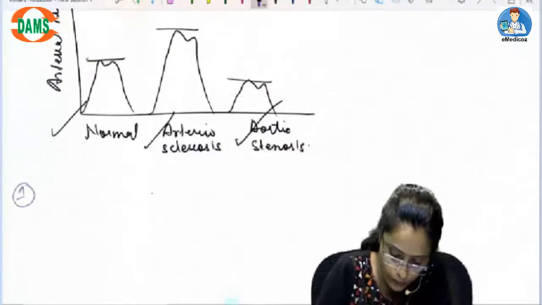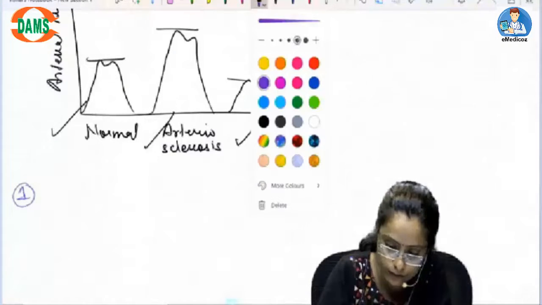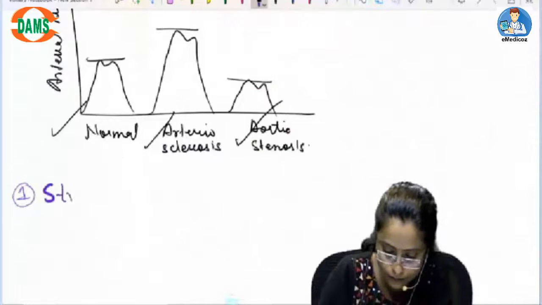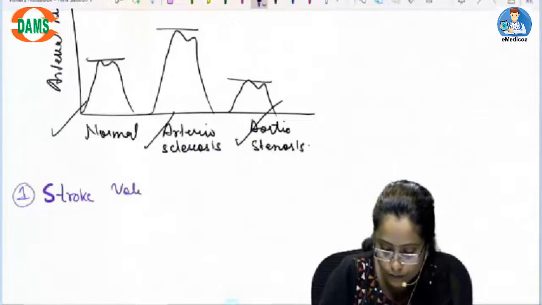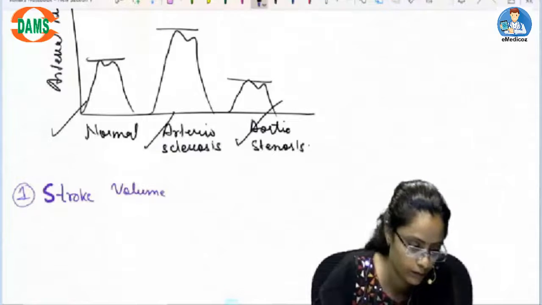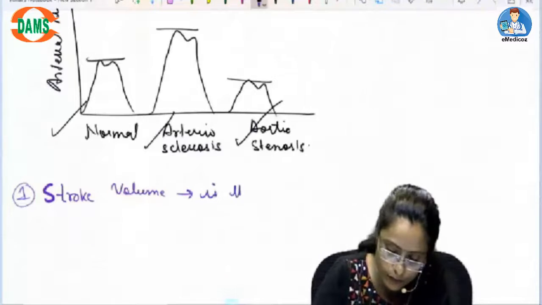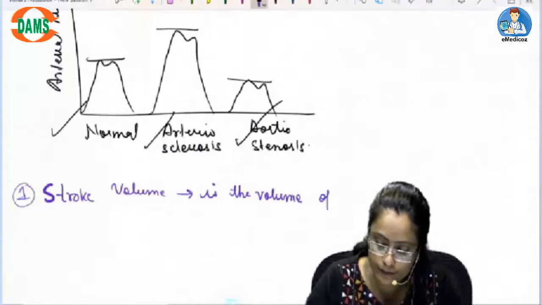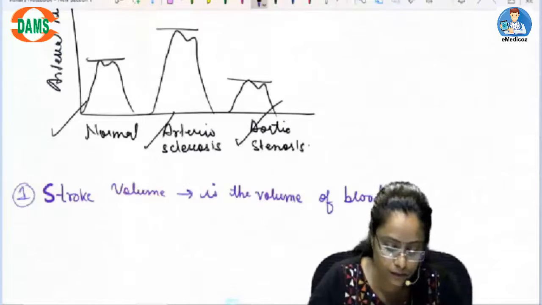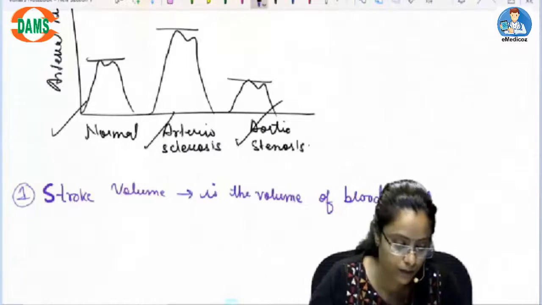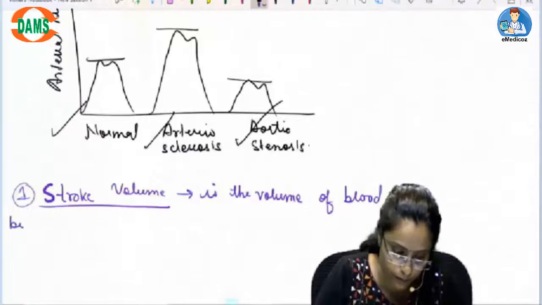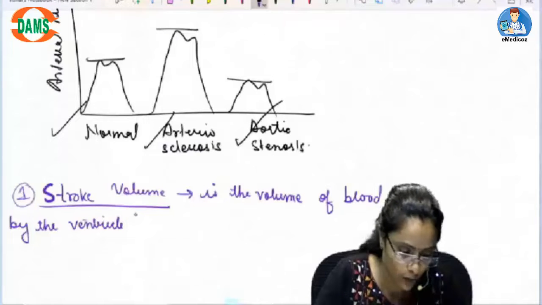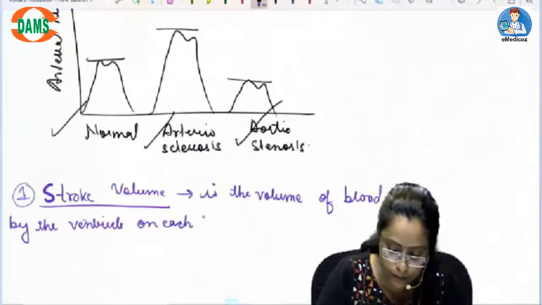What is the stroke volume? It is the volume of blood ejected by the ventricle on each beat.